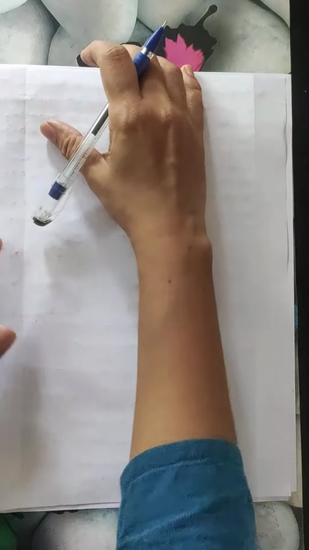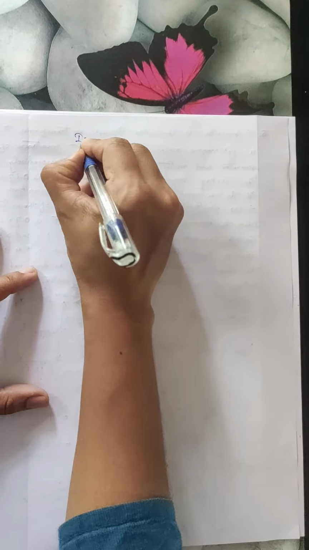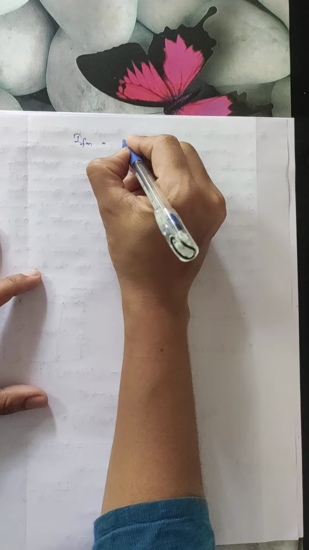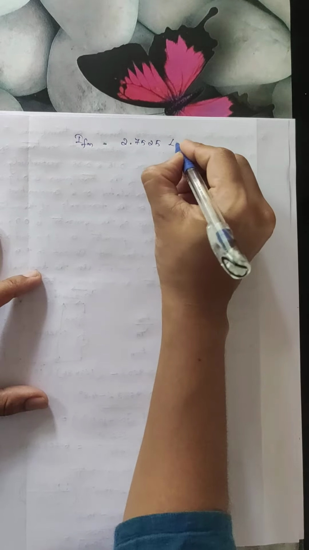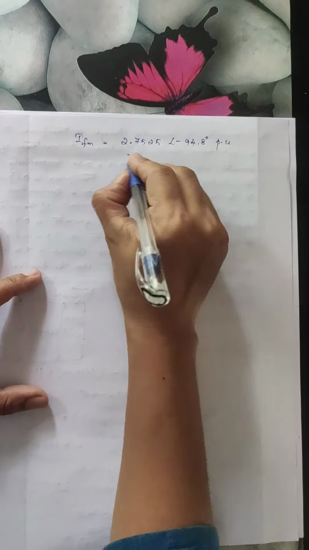So on solving, we will get the value of fault current supplied by the motor as IFM equal to 2.7525 angle minus 94.8 degree per unit.